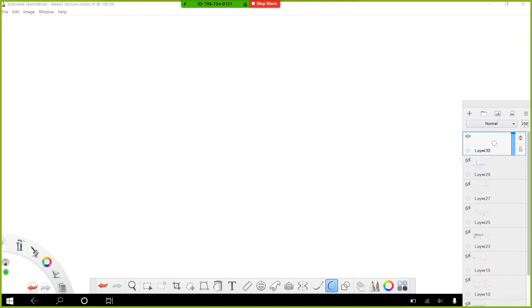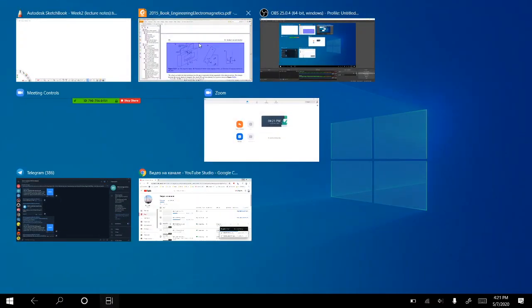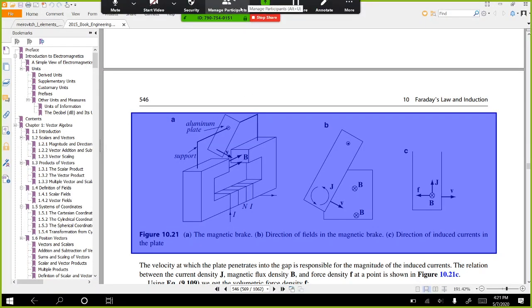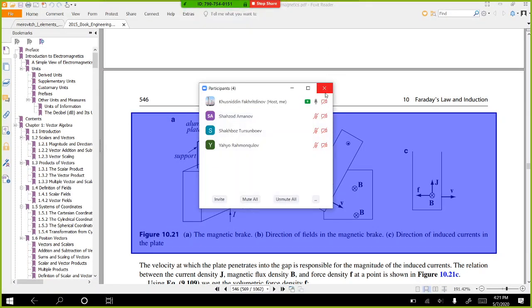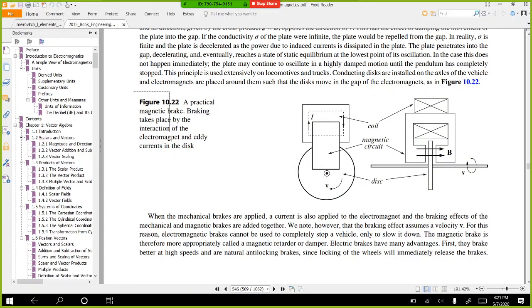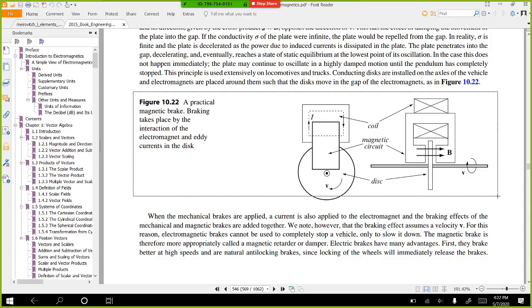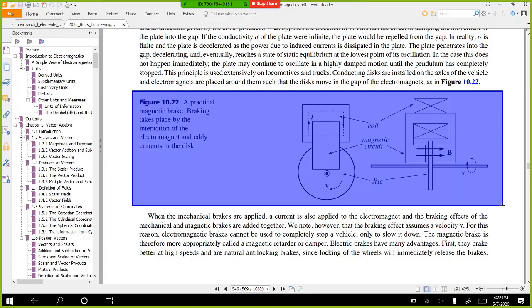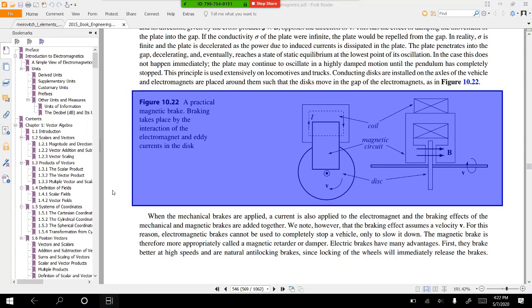Let's see the scheme of the electromagnetic brake of the train.